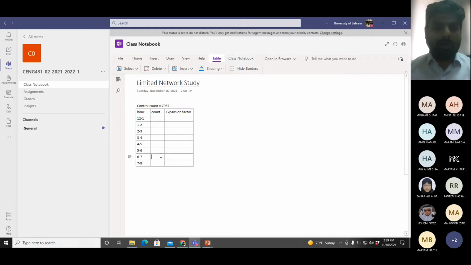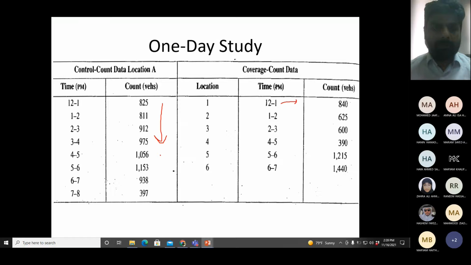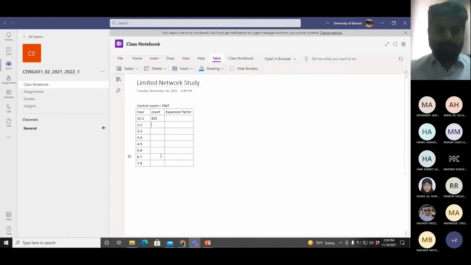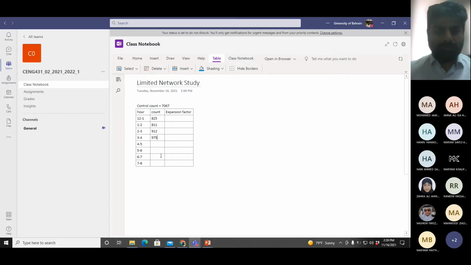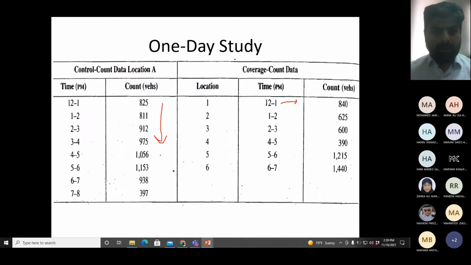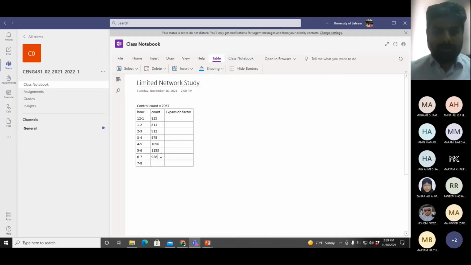The count for each hour: 825, 811, 912, 975, 1056, 1153, 938, and 397.